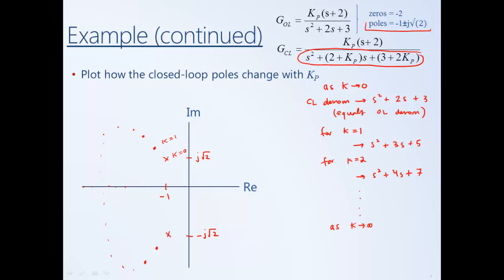But in essence, you can sort of imagine that our denominator becomes that sort of form. It's dominated by the kp terms as k becomes large. And if we factor that out, we can see that this approaches the form of the open loop numerator, which is also interesting.